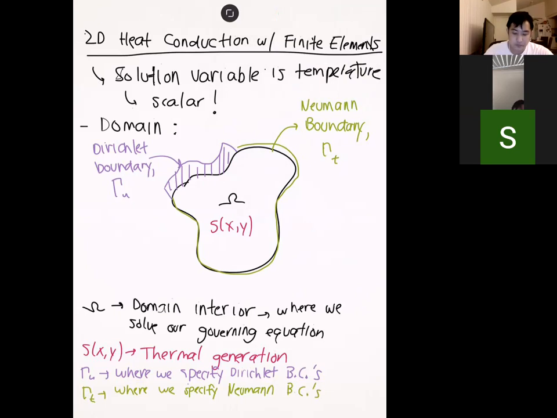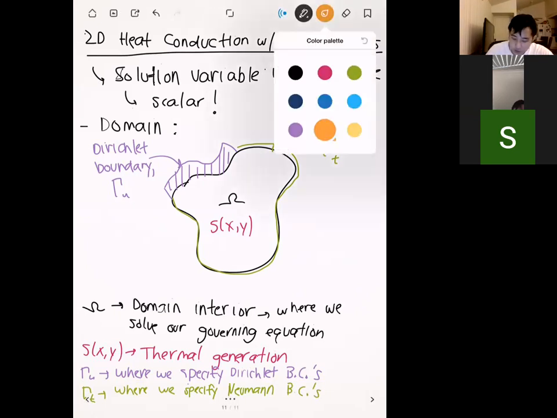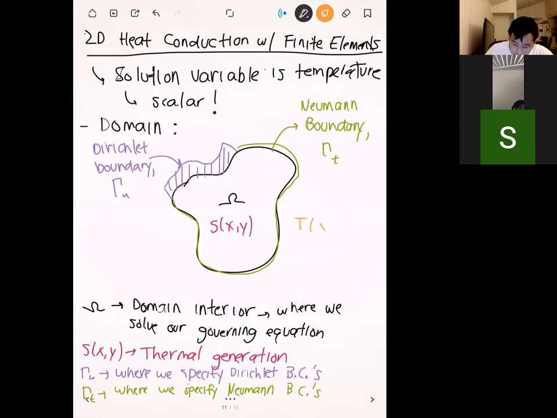And of course, our solution here is going to be T of x and y. And that's what we're going to be solving for. That's going to be our temperature solution.